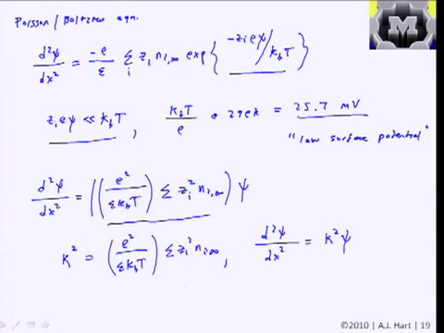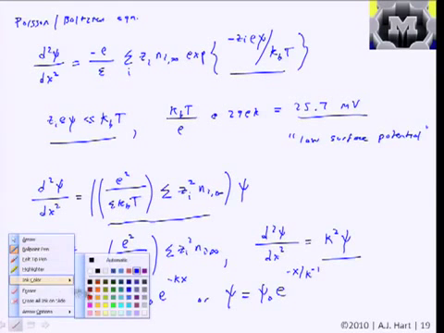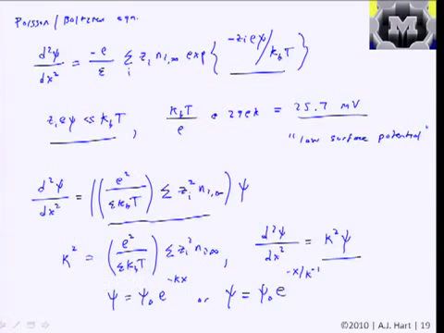And this has a simple solution if we solve it and we apply our boundary conditions, that the potential in solution is equal to our surface potential times e to the minus kappa x, or we can also say that the potential in solution is equal to the surface potential times e to the minus x divided by kappa to the minus 1. And this kappa is a really important parameter because that's what is called the Debye length.